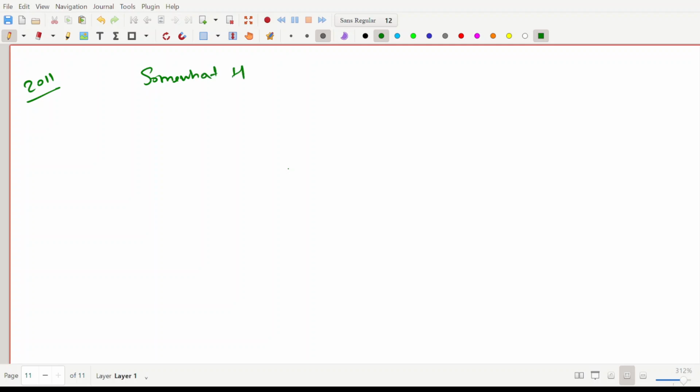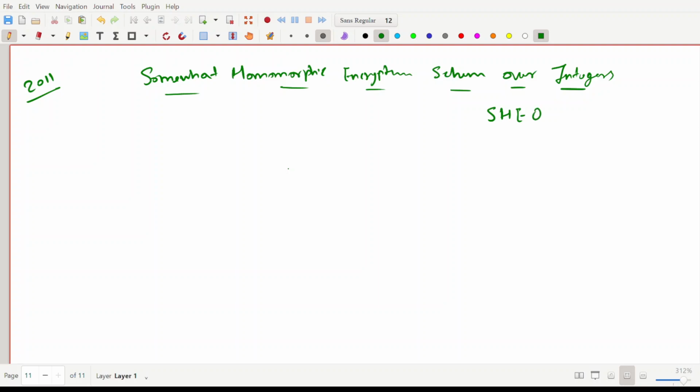Somewhat homomorphic encryption over integers. What do you mean by this? I'll just write somewhat homomorphic encryption over integers, SHEOI. This is a shortcut we will be using while referring to it.